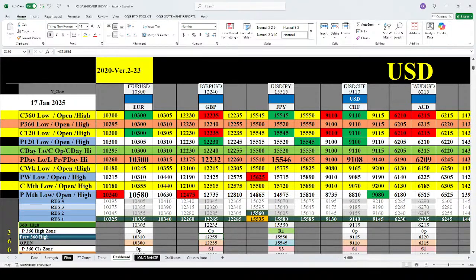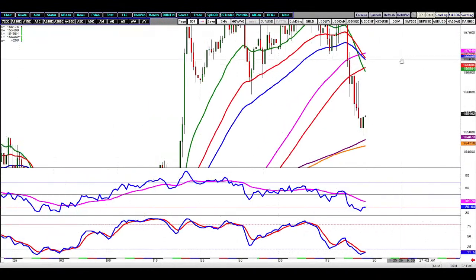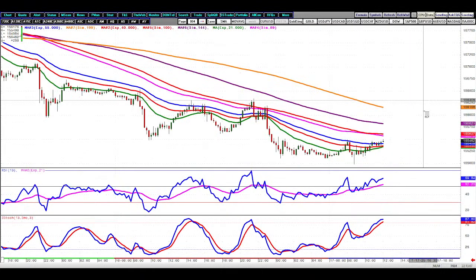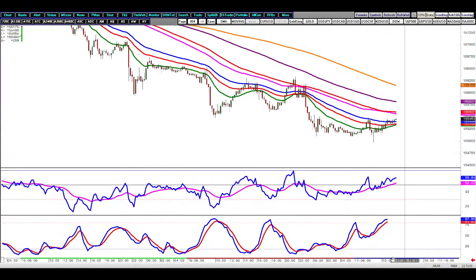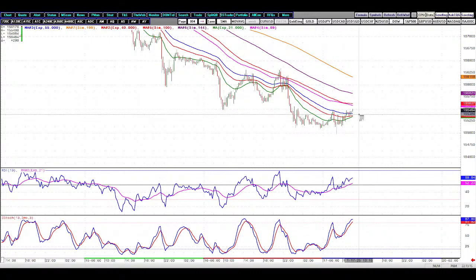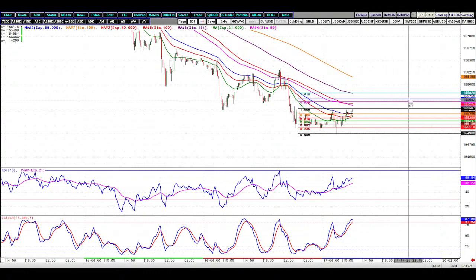Okay, so let's go into the chart. Then we see how this thing proceeds. So looking at the chart, looking at the oscillators, I think we may get an extension. Okay, extension towards 155.80.